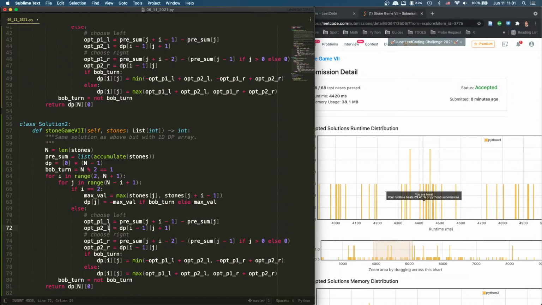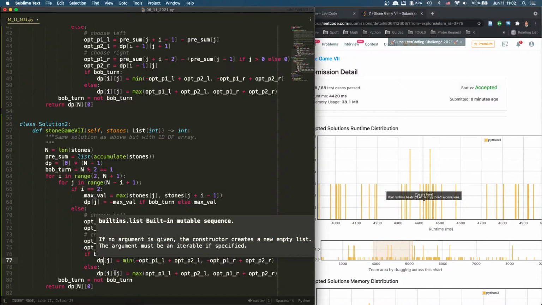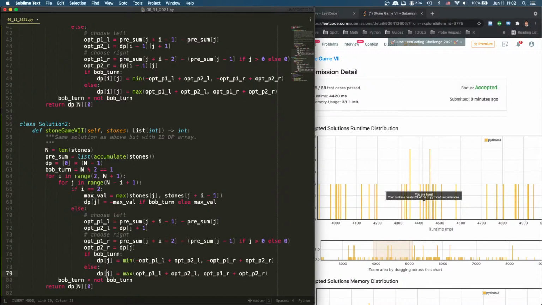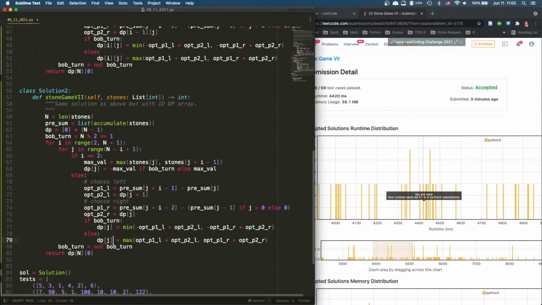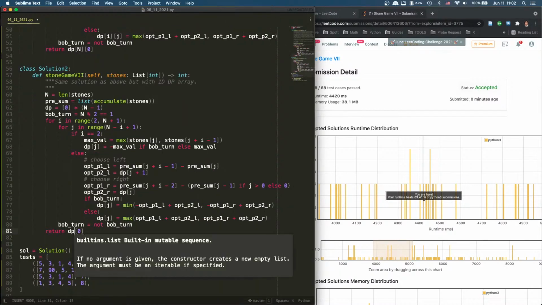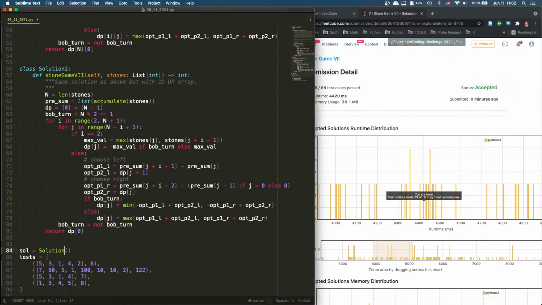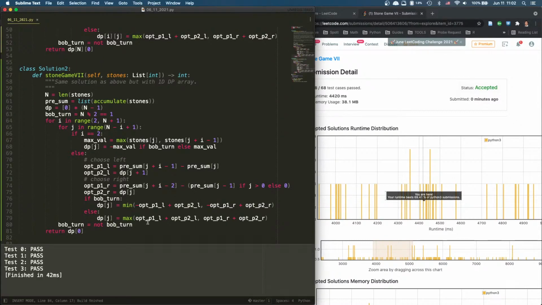Else, we do this. This is going to be dp[j+1], right? This is going to be dp[j], and then dp[j] equals this. I want to return dp[0]. So 2, pass.